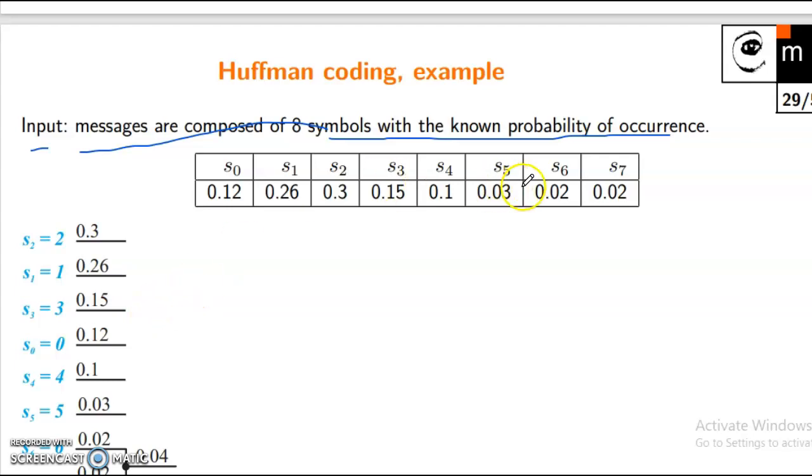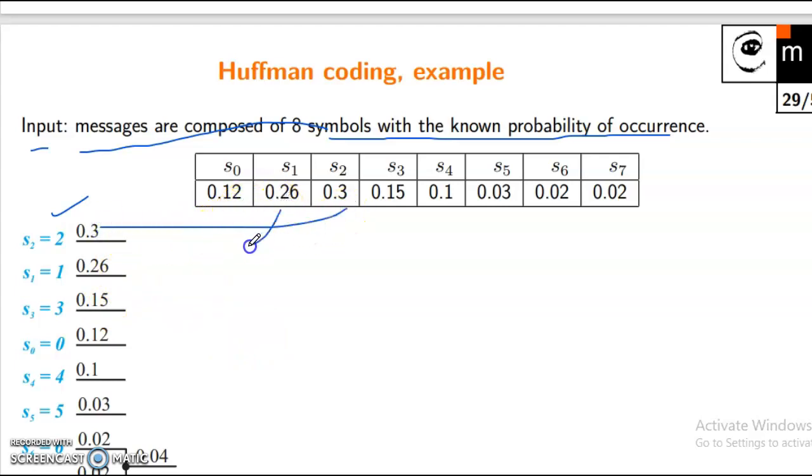S0 to S7: 0.12, 0.26, 0.3, 0.15, 0.1, 0.03, 0.02, 0.02. S2, 0.3, is the maximum. The next maximum is S1, 0.26. Then S3, 0.15.